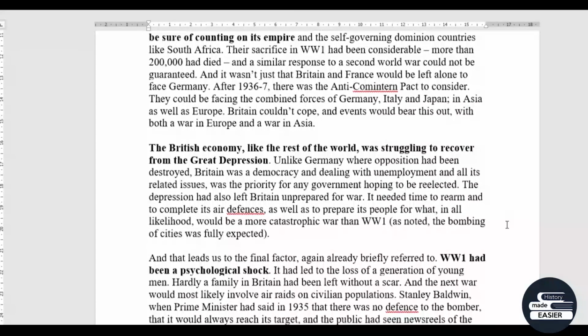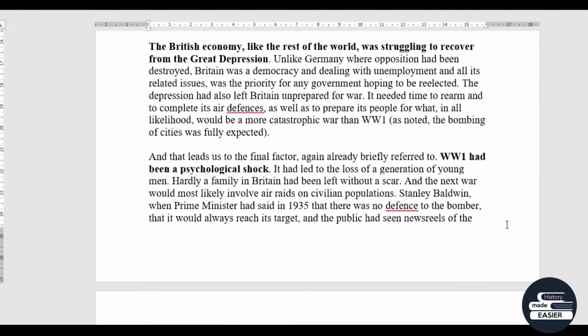And then we have the psychological impact of World War I. The fact that that war had led to so many deaths and no responsible British politician could rush Britain back into another such war.